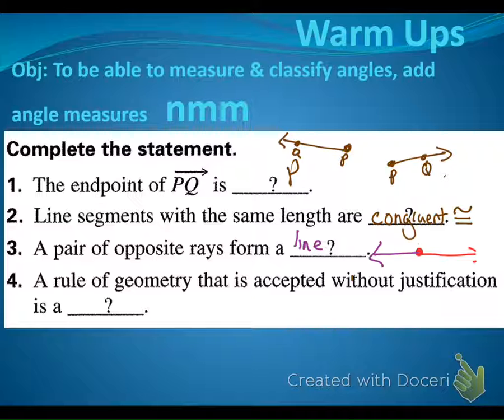So a pair of opposite rays form a line. And then a rule in geometry that is accepted without proof is a postulate. So postulate.